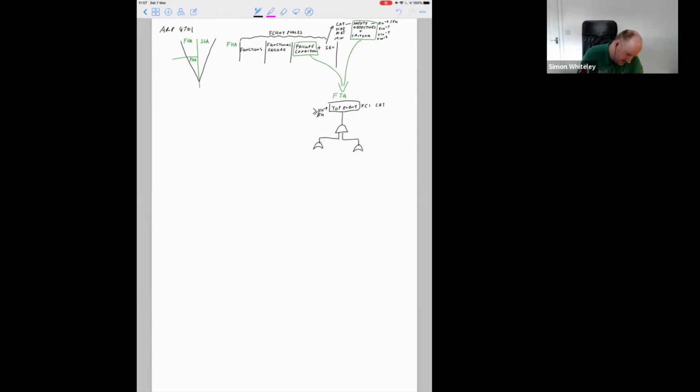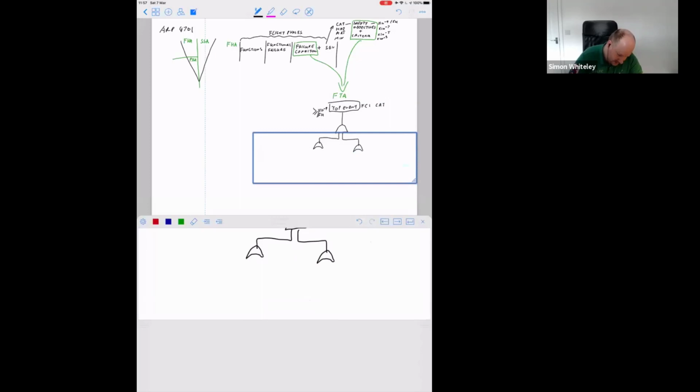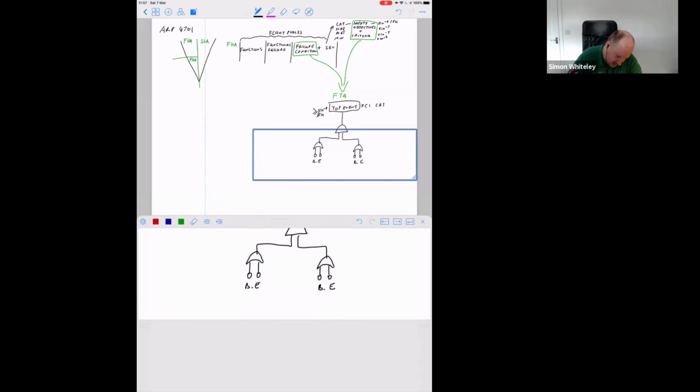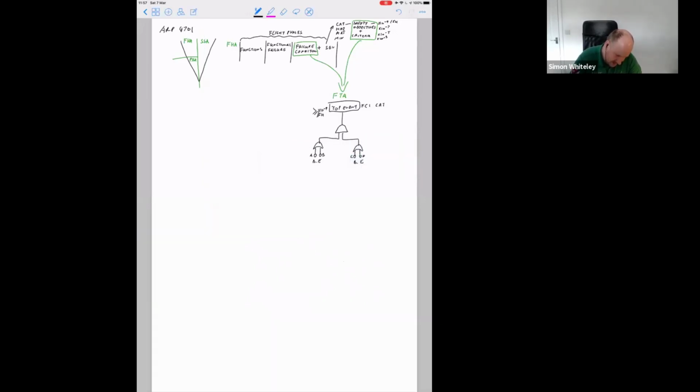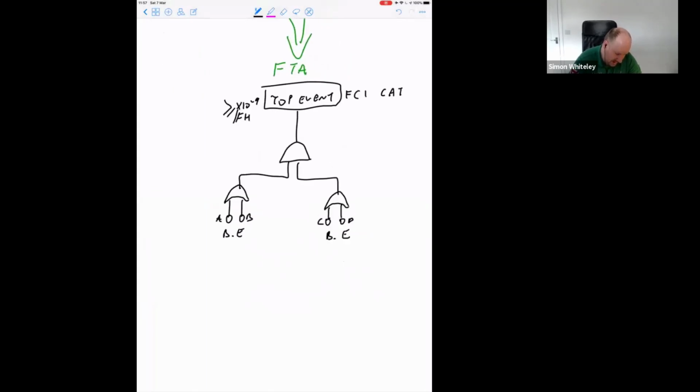like so. And then underneath that you have a series of what are called base events, like this. And in this fault tree, you can see these base events over here, A and B, C and D. So this top event can occur if A or B and C or D occurs.